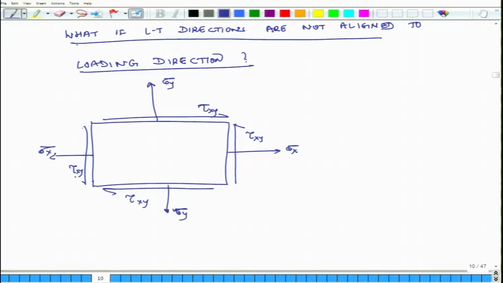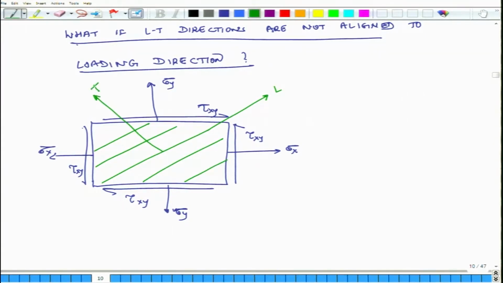So, I have all these things, but the direction of the fiber is different. This is the direction of the fiber. Let us say this is my L axis and this is my T axis.